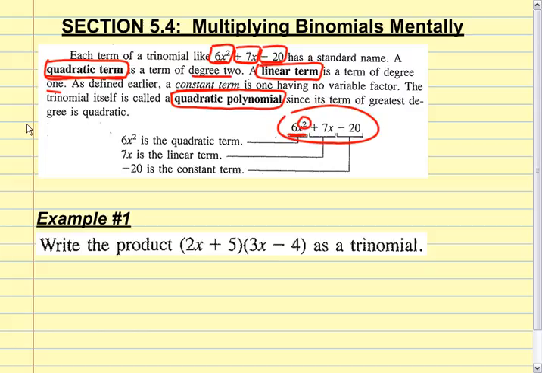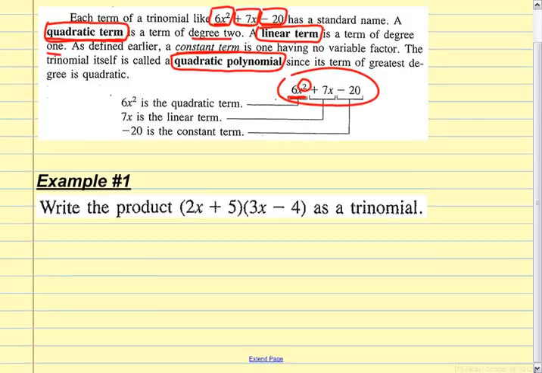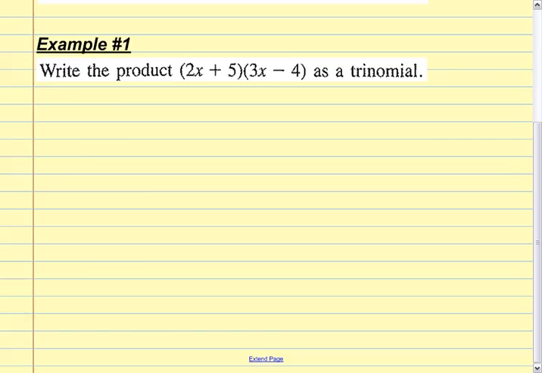Okay? Now look at this. This first one, example number 1, it says, write the product 2x plus 5 times 3x minus 4 as a trinomial. Okay? What's the first thing that I do, Jordan? They said write the product as a trinomial. What's the first thing I do?